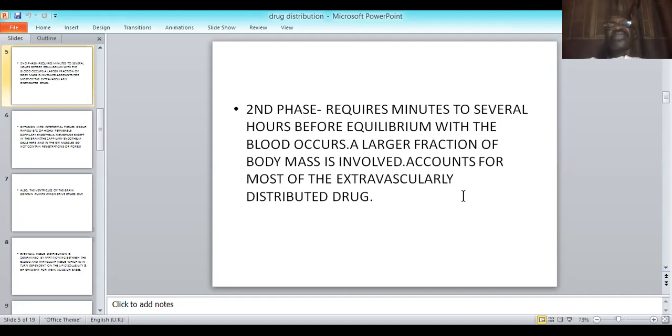Now, the organs that start to receive more blood during the second phase include organs like the muscles and the skin. And as time goes on, there's an attempt at causing an equilibrium amongst all the body organs. But this, as we will see later, may not necessarily occur fully.